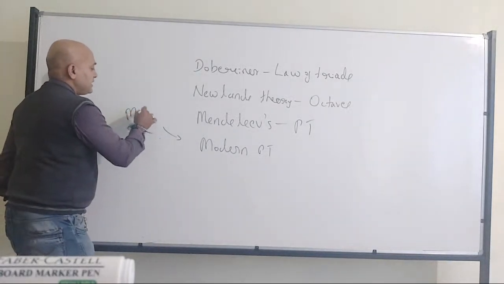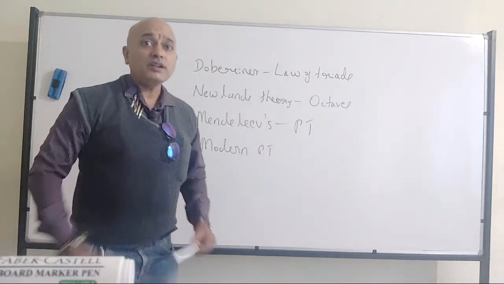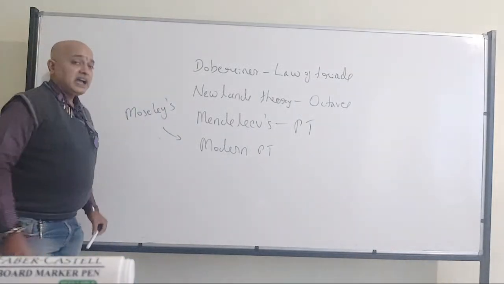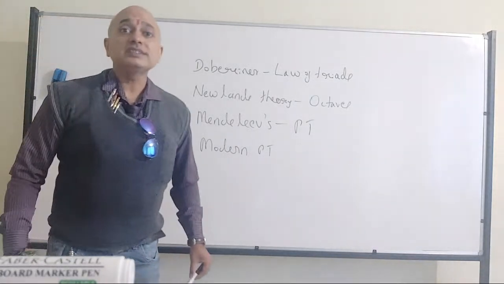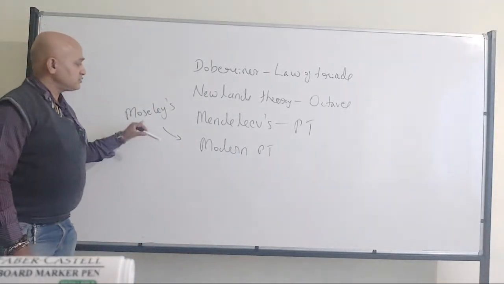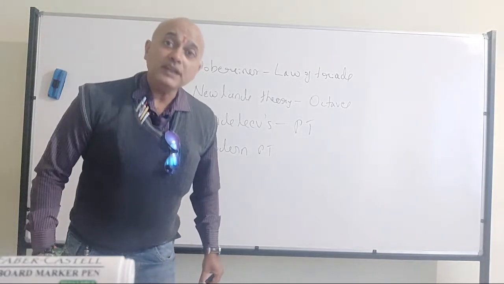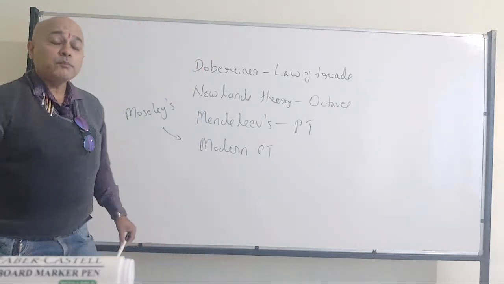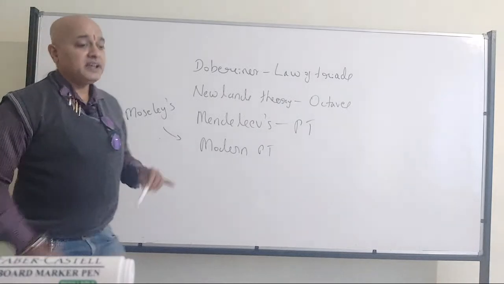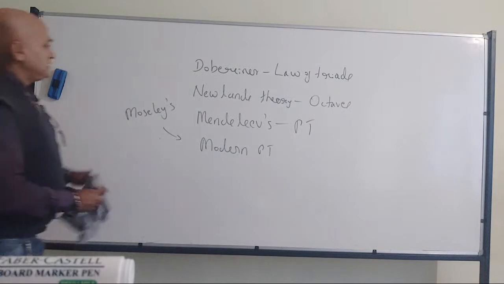It was based on Moseley's experiment, where he plotted the graph of the frequency of X-ray radiation with respect to atomic number and got a straight line, but with respect to atomic mass he didn't get a straight line. Based on that, people came to know that atomic number is the one which decides the property of the element. Fine. So that's where we have the history of the classification of elements.